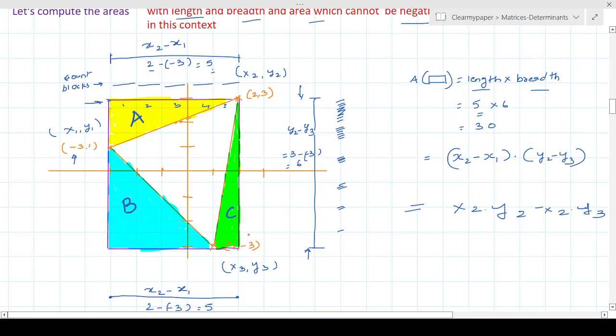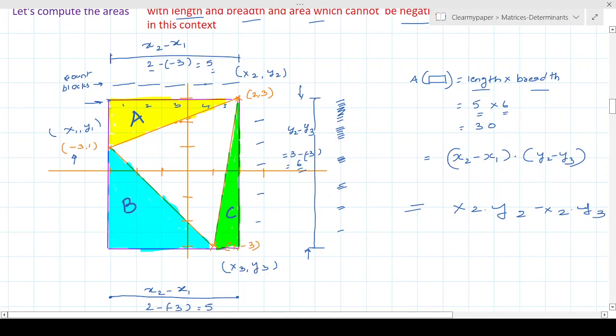And similarly for y, you can again count the blocks, each square, and compute it. Like in this case, if I start from here, assume that this is aligned to this line here, this square is 1, 2, 3, 4, 5, and 6. So I've got the answer as 6. That's the height.